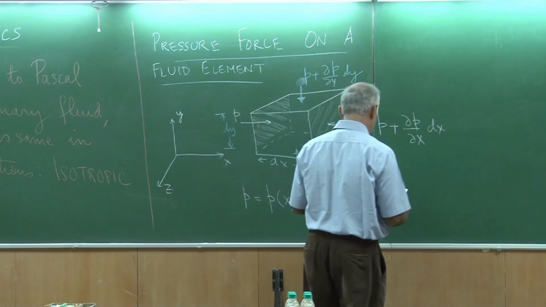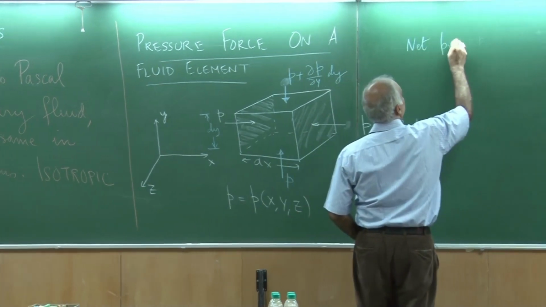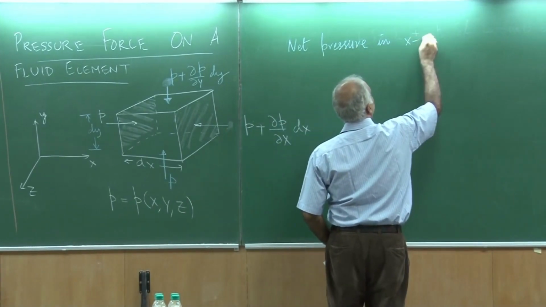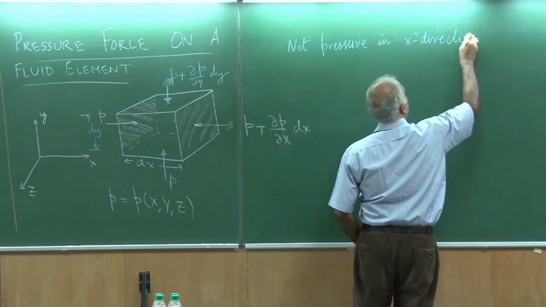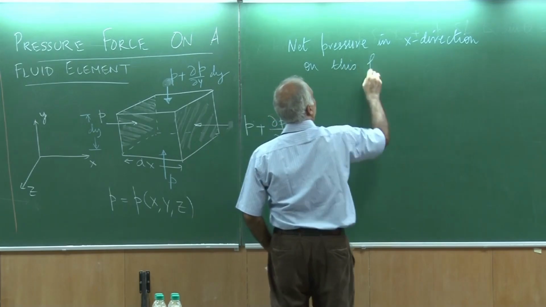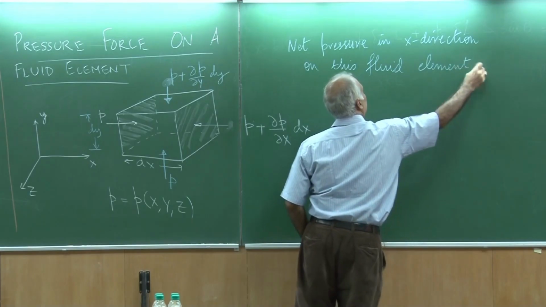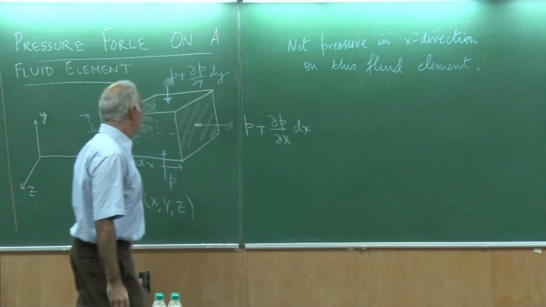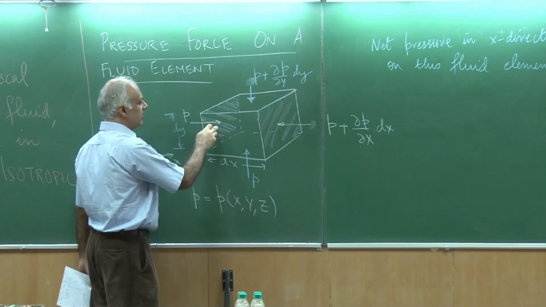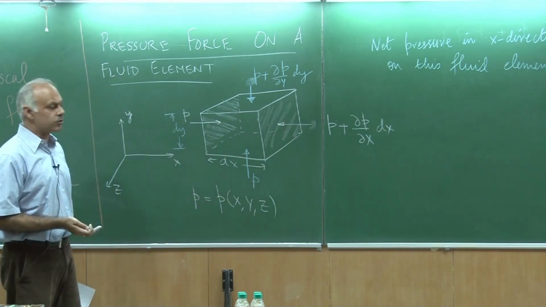So I could talk about the net pressure in x direction on this fluid element. Please notice, because pressure acts normal to the surface, in the x direction only these two faces contribute, no other face would contribute.